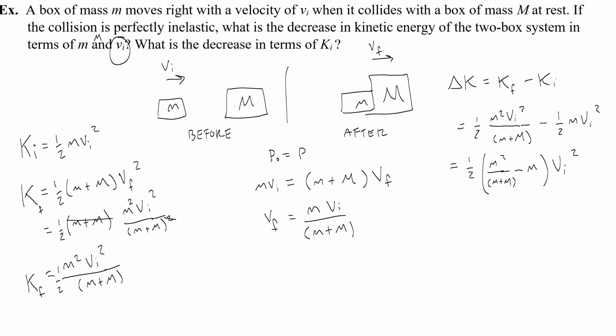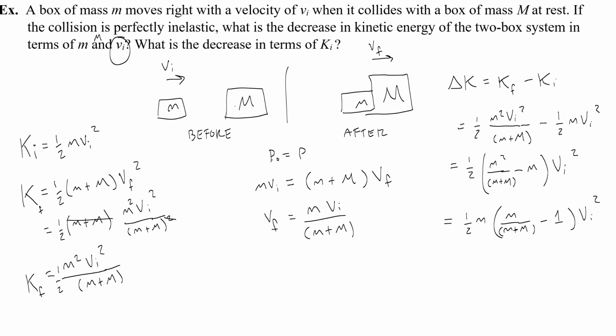Now, what you could do, if you wanted to, was pull out 1 m. So you'd get 1/2 m Vi squared times m over m plus capital M minus 1. That might be one of the answers that you see in a multiple choice question. So you would have to kind of simplify it to get there.